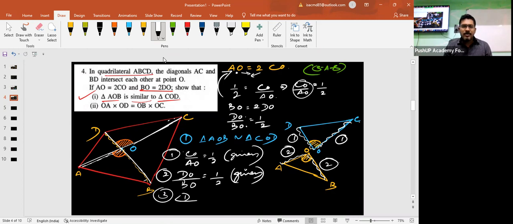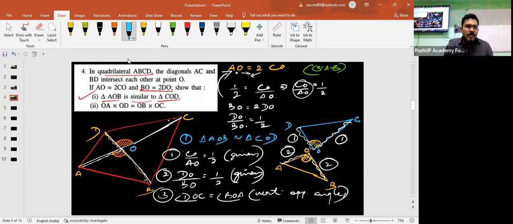Then angle DOC is equal to angle BOA, right? What is the reason? They both are vertically opposite angles. So which axiom helped you to prove similarity between the two triangles? Which axiom? Side, angle, side.